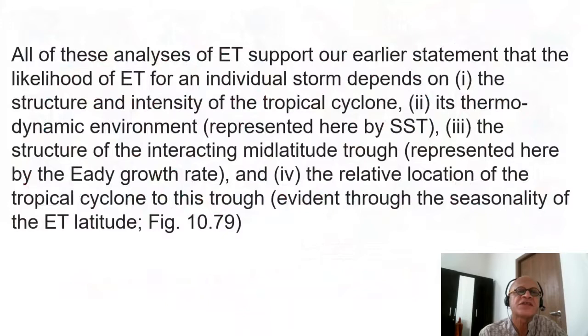So let's look at the analysis of ET that supports our earlier statements that the likelihood of extratropical transition for an individual storm depends on the structure and intensity of the tropical cyclone, and its thermodynamic environment represented here by the sea surface temperature. So there is an enthalpy flux that also is part of the re-intensification and the transition, or transition and the re-intensification.